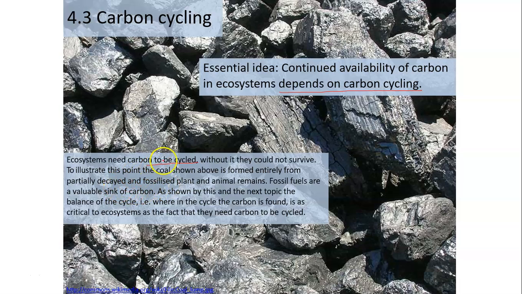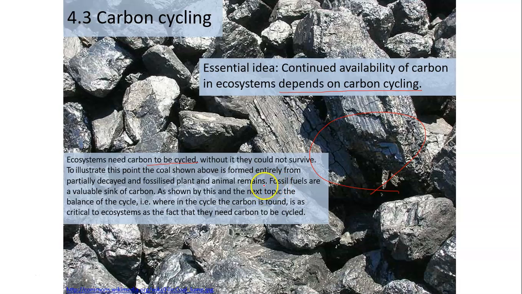To illustrate this point, the coal shown above is formed entirely from partially decayed and fossilized plant and animal remains. I'm sure that all of you have seen coal before, and it comes completely from carbon.